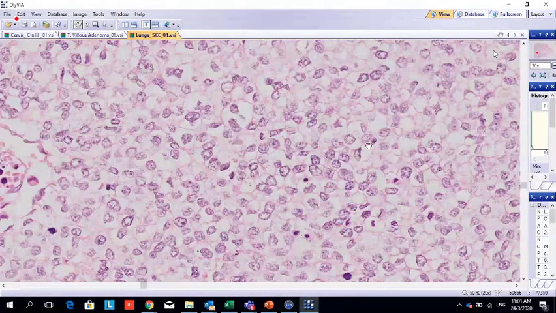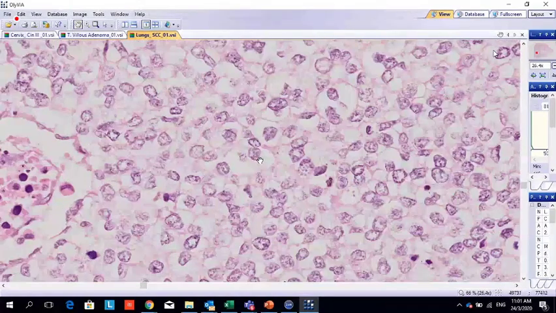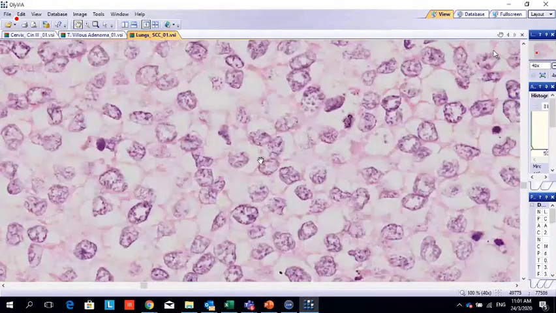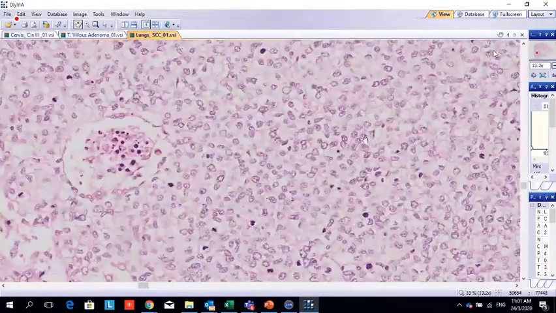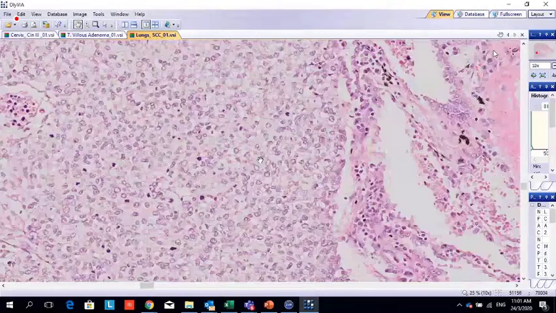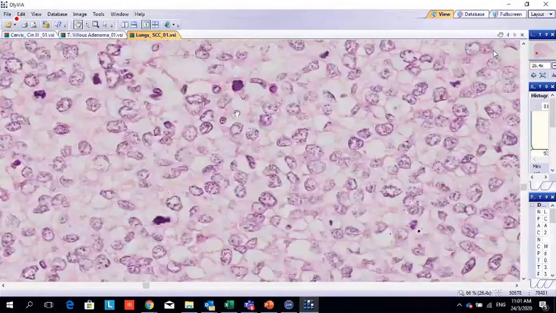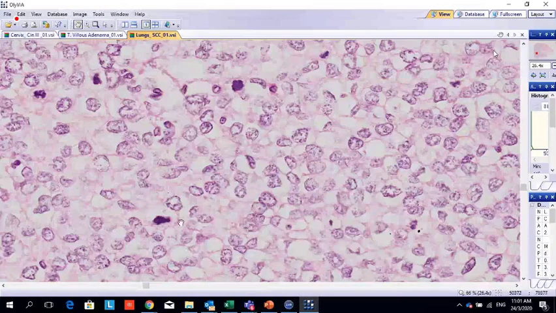This is vesicular nuclei. Most of them are like that. Look here. The membrane is deeply stained, but the central part is pale. Most squamous cell carcinomas have these vesicular nuclei. These are mitosis there.